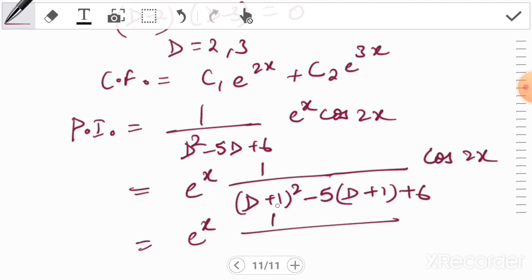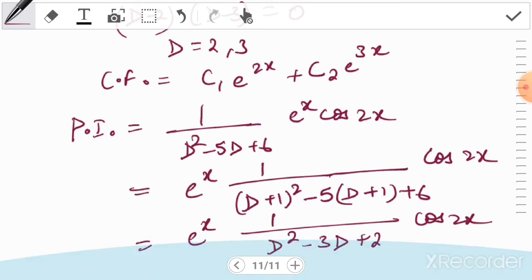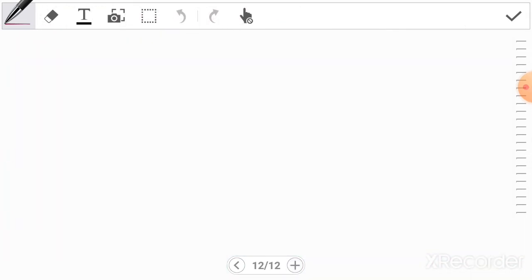So D square plus 1 plus 2D, this is minus 5D minus 5 plus 6, which will be simplified to D square minus 3D plus 2 on cos 2x. Again e raised to the power x. Now replace D square by minus 4, since a is 2 here, on cos 2x. So replacing D square by minus 4, we get minus 3D plus 2 on cos 2x.